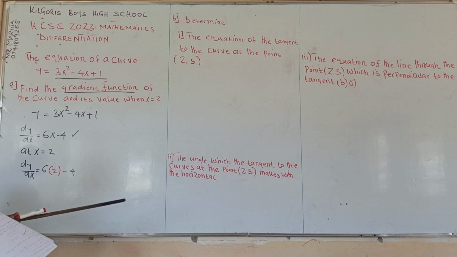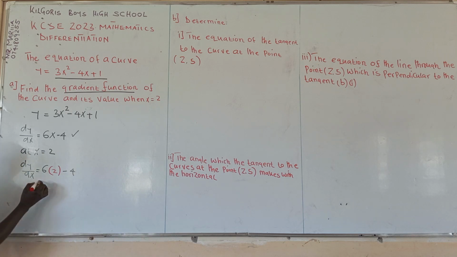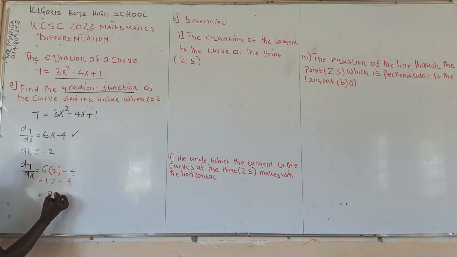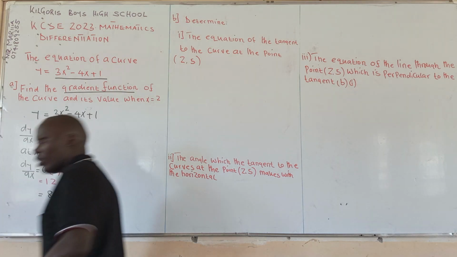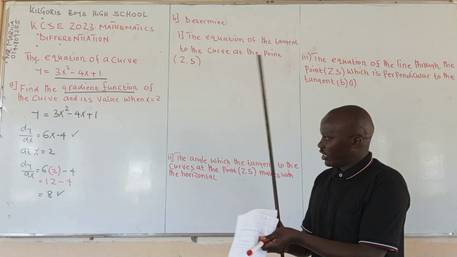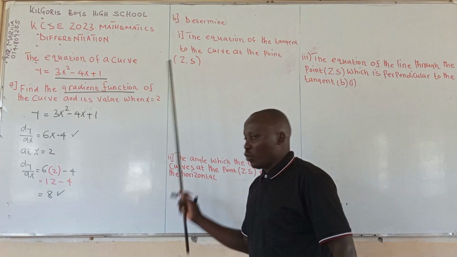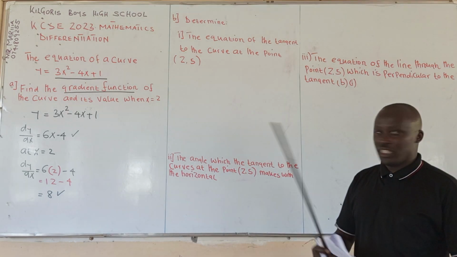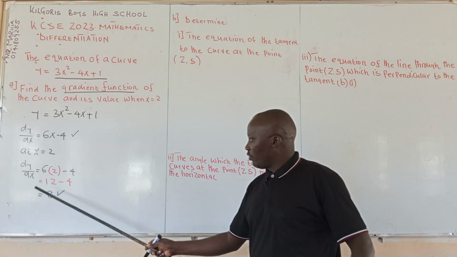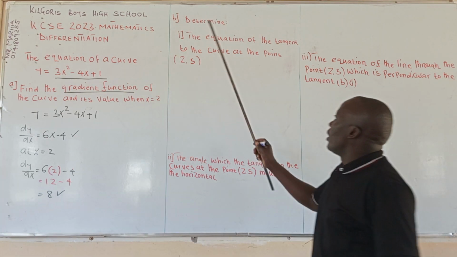So 6 times 2 is 12, then you subtract 4, and our gradient in that case is 8. So the gradient function of the curve is 6x minus 4, and when x is equal to 2, the value of that gradient function will be 8.